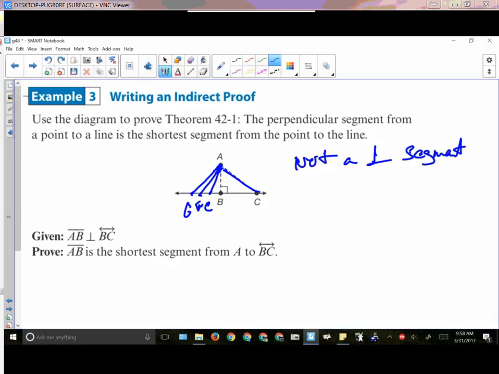Now, I want to go back and just think about what I see here. What kind of a triangle is that? What do we know about right triangles? 90 degrees. What else do we know about triangles, or especially right triangles? Pythagorean theorem.